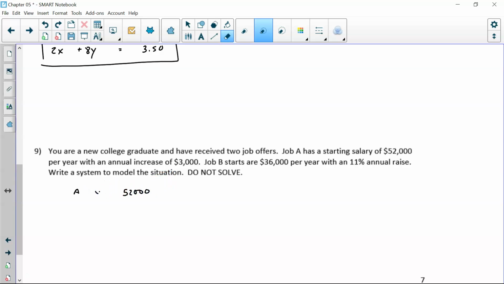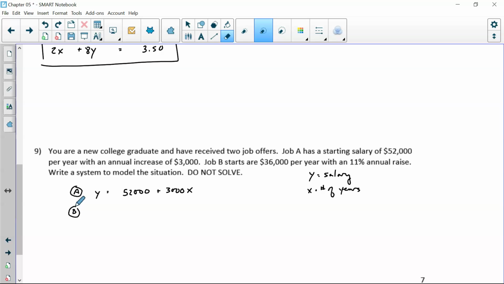So our salary, y, equals $52,000 plus an annual increase of $3,000, so plus 3,000x. Our variables: y is our salary, and x is the number of years. So we'd be able to determine how much we'd be making each year if we followed that pattern.